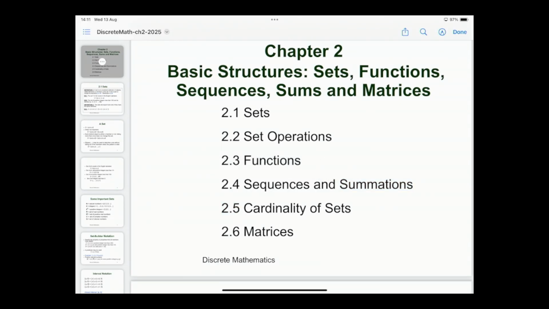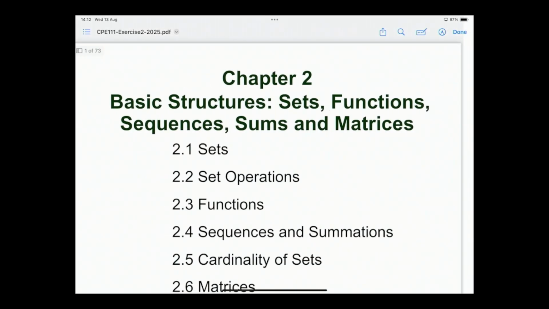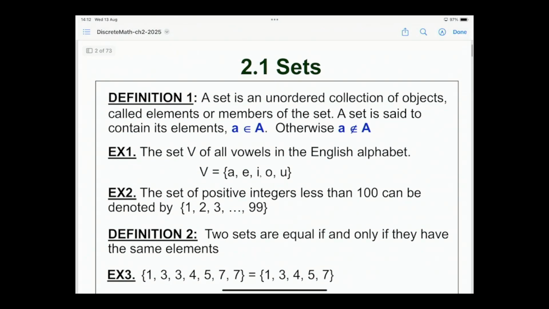Let's see the first one. Hold on. This one, set. Let's have an overview of sets. We know that a set consists of a number of members, elements, or objects.